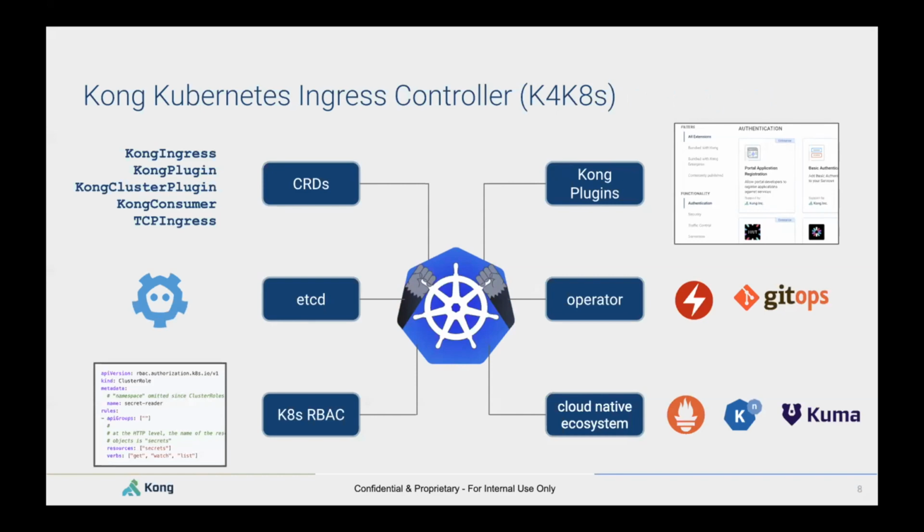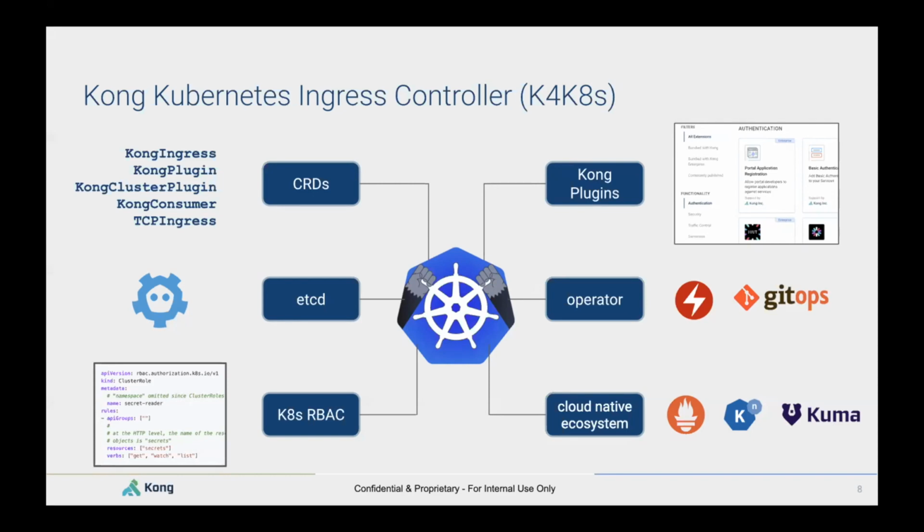And if you go through the different elements that I outlined here, we expose all of the capabilities through CRDs. It is fully integrated with etcd. All of its capability, all of its authentication access control is done through RBAC. One of the things that's really exciting about the Kong Ingress controller is that there's hundreds of Kong plugins out there that allow for traffic management, and it supports all of them.